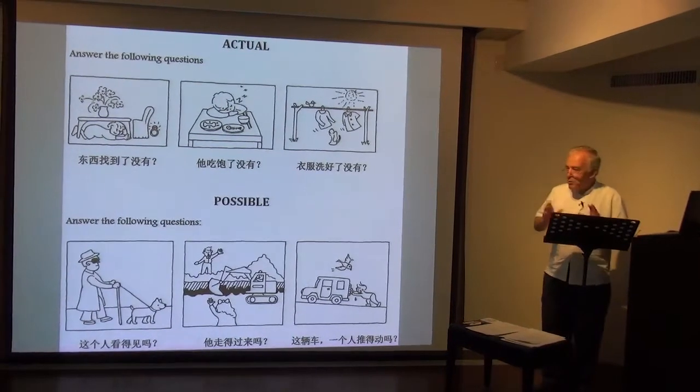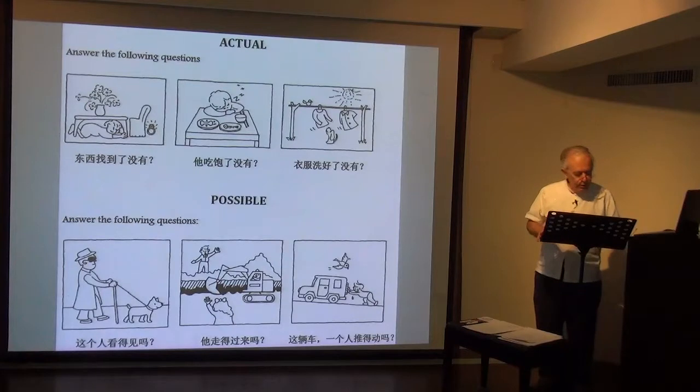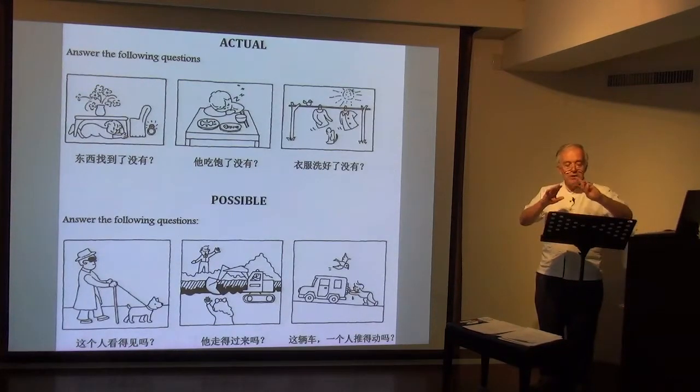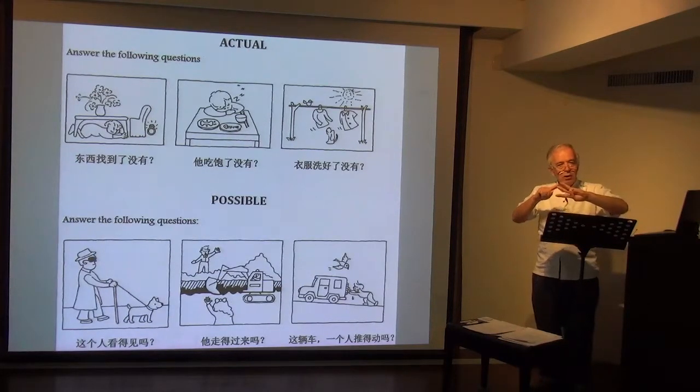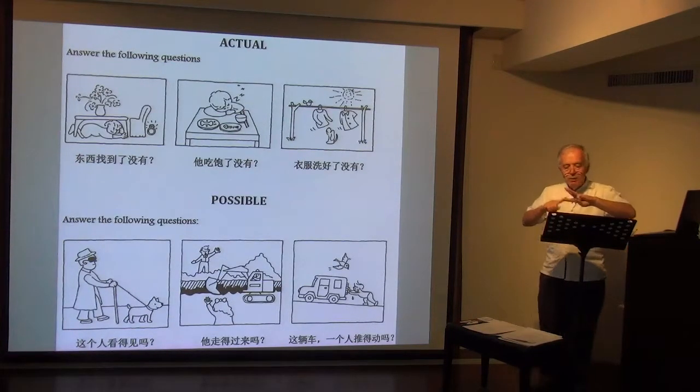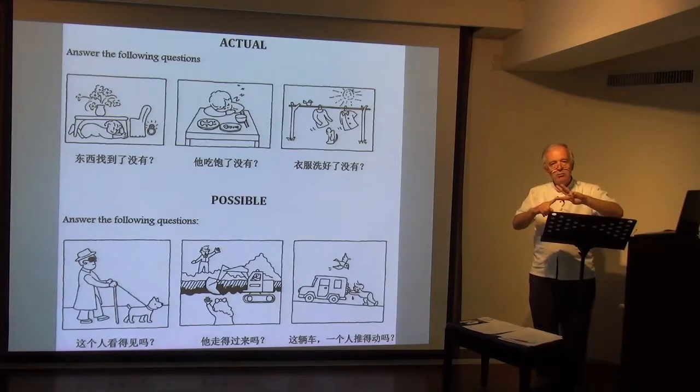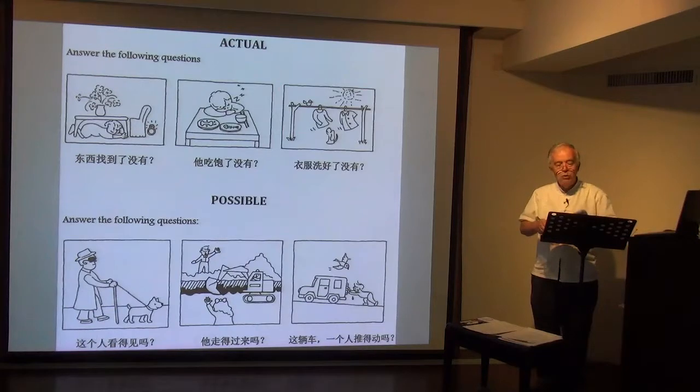Now, to help the student, we can tell them that resultative verb endings are of three sorts. It can either be an action verb, or it can be an adjective, or it can be a directional compound. It could be an action verb. 这一本书你看完了吗？完 is an action verb.